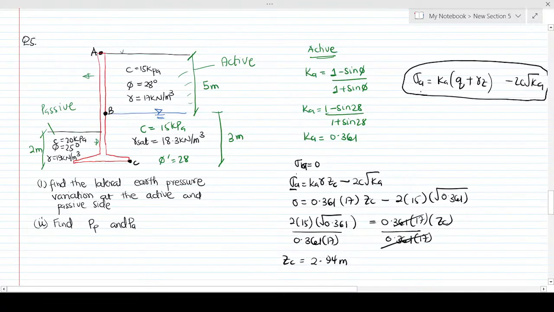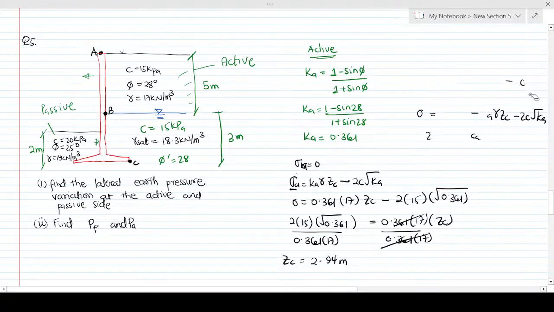And so if you want to find the depth of tension crack, this becomes zero and this gives you KA Q plus KA gamma ZC minus 2C square root of KA, right? So I'm going to get 2C square root of KA minus KA Q over KA gamma equal to Z. And this will be my depth of tension crack when there is a surcharge at the top. You get it? But in this case, there is no surcharge.